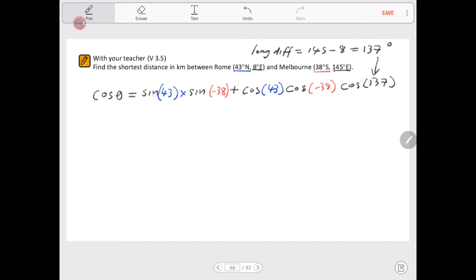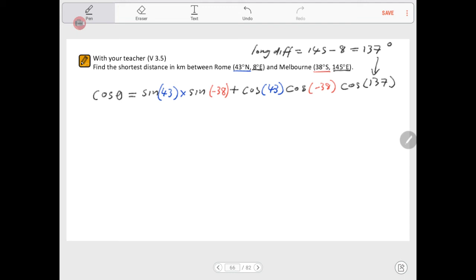So we write this out like this, and we have the sine of the first latitude times sine of the second latitude, then cos of those, and then that longitudinal difference there. It's a big formula, but with practice it is quite logical. It's not too hard to use. Putting it into the calculator is a different matter though.